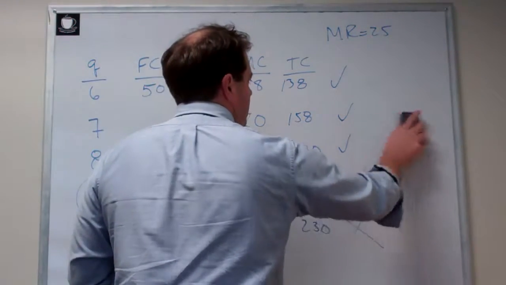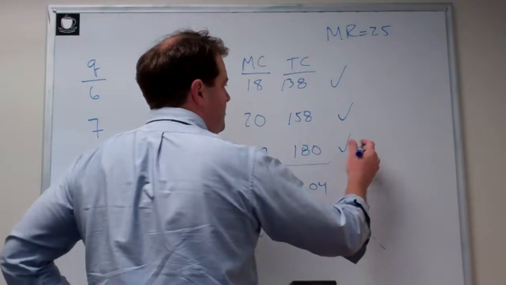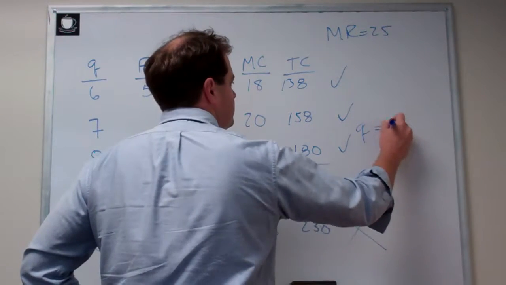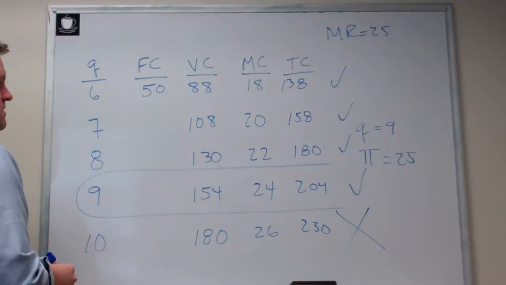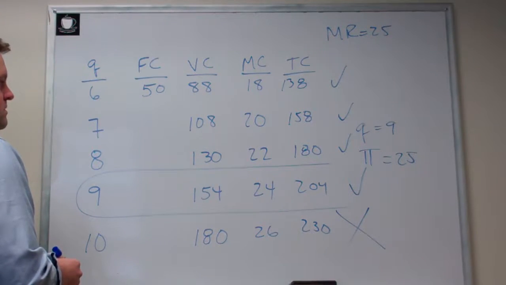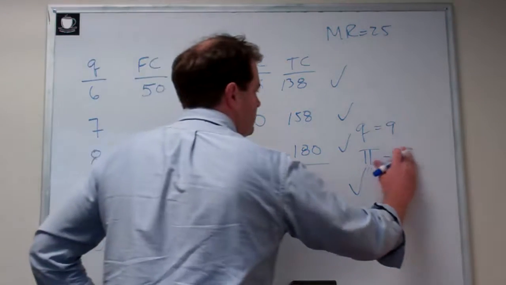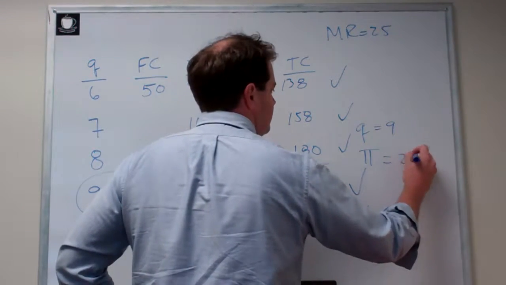So we know that this firm is a profit maximizing firm. Q is going to equal 9, and profit equals... 25. I'm sorry, profit equals 21 when they do that.